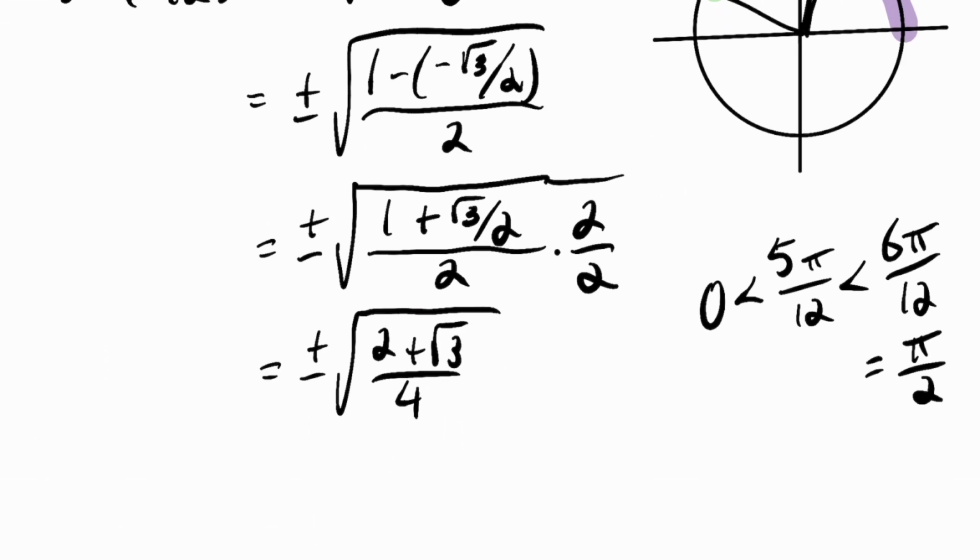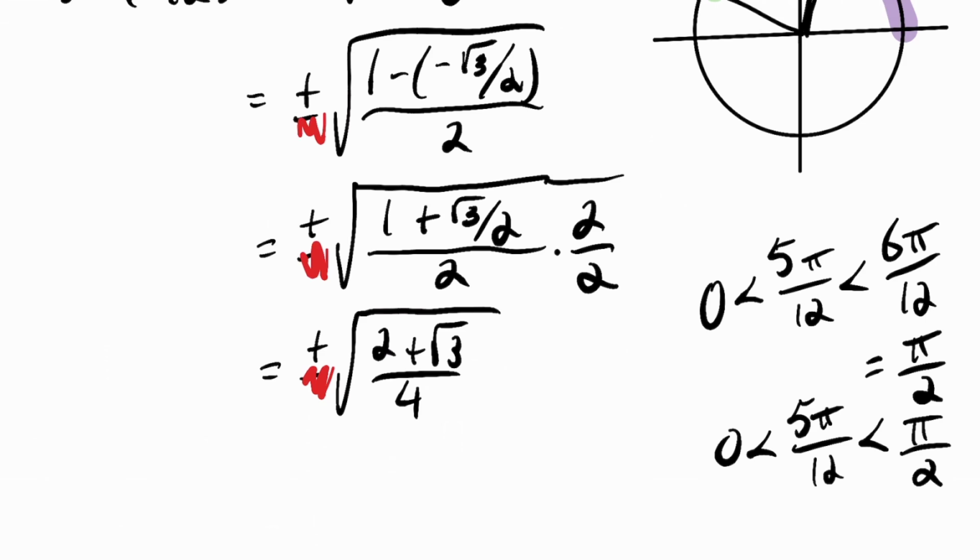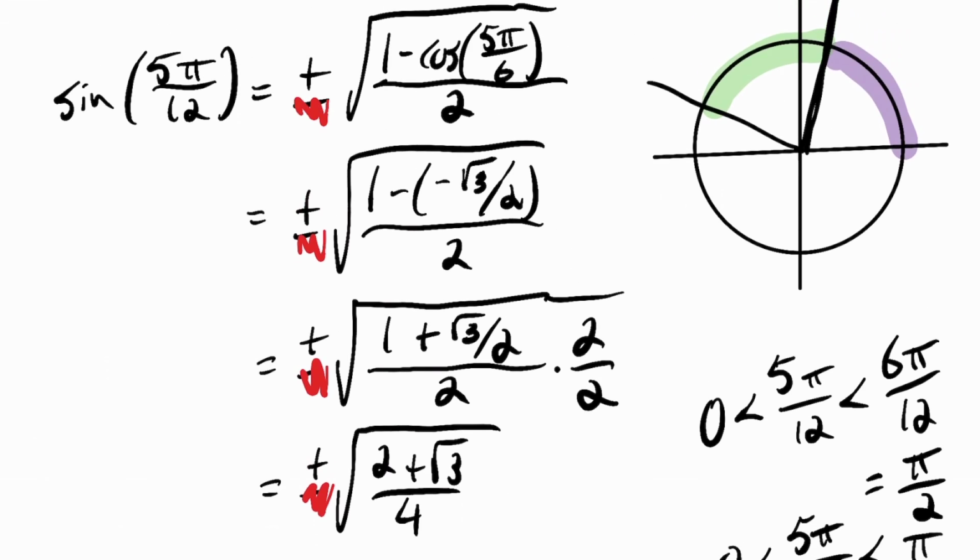So we can conclude that 5 pi over 12 is between 0 and pi over 2. Well, that's quadrant 1. So I know I'm in quadrant 1 where everything's positive, so I can backtrack and cross out all of these minuses. It was never minus at all. I just didn't know that until now.